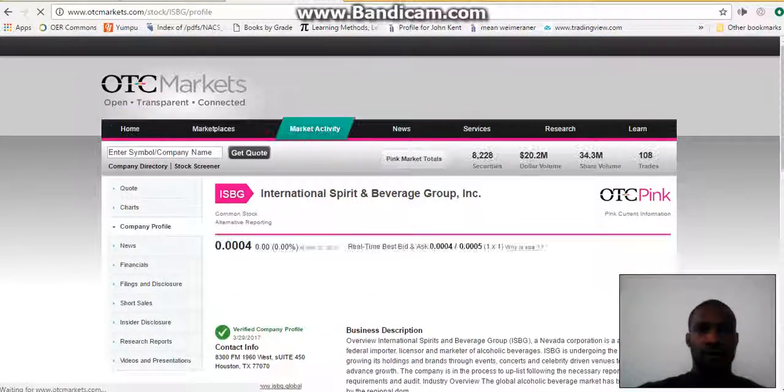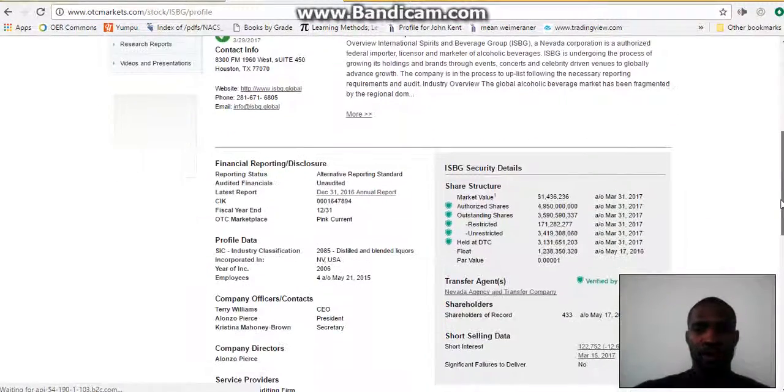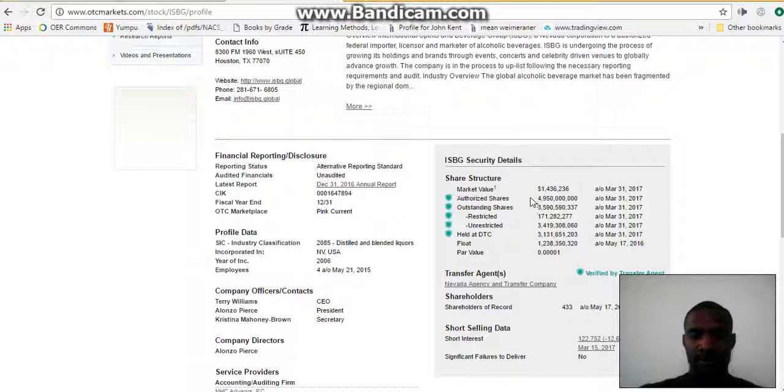I look for the company profile, and it'll tell me that this one has about 5 billion shares, and this was March 31st, so that was very recent, which is good information. Outstanding shares, it's almost totally maxed out. What's in the float is good. It's only 1.2. That's how many shares can actively be traded by outside holders.